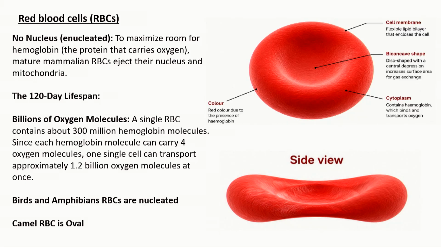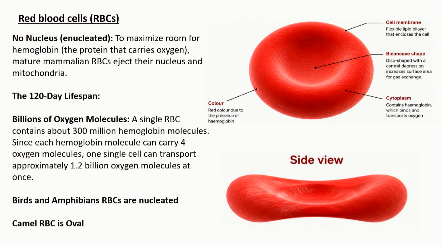Since we discussed a lot about RBC, RBC is again a very important cell in the human body or in the animal which carries oxygen. We all know that RBC, red blood cell, is a kind of transporter for oxygen in all species of animal, but there are deviations. Once the RBC is matured, we call it enucleated.